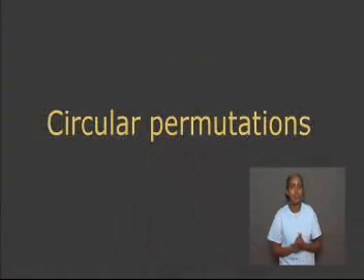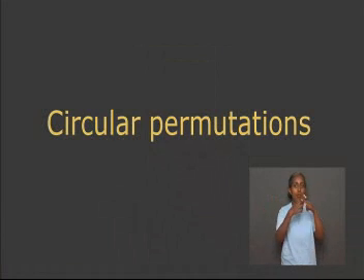All of the examples we have used today are of objects in a straight line. I want you to think about objects put around a circle. These are called circular permutations. Think about the letters A, B, and C. Try to find the number of different permutations along a circle.